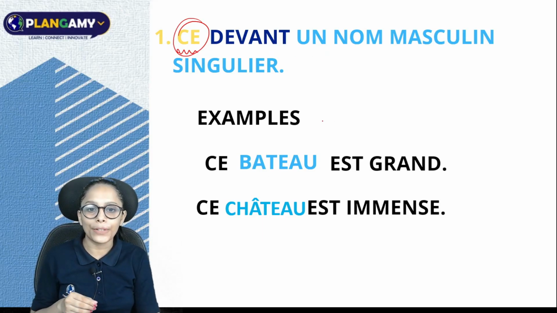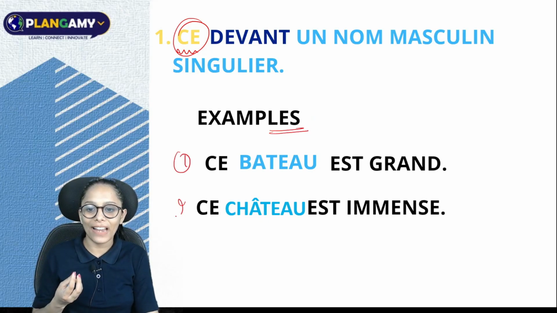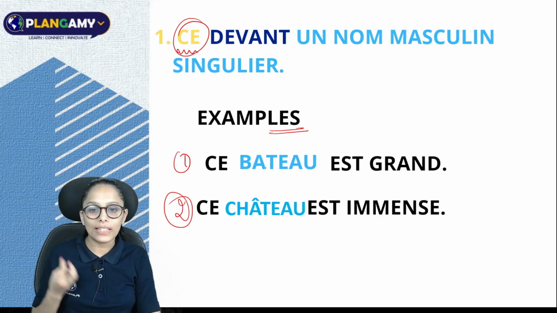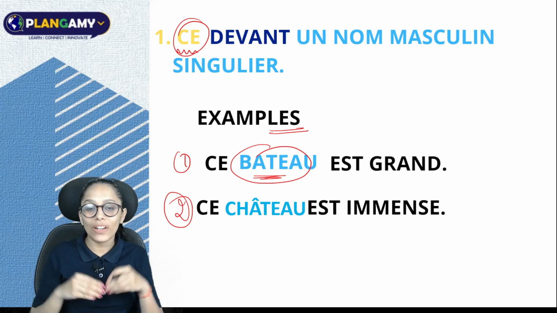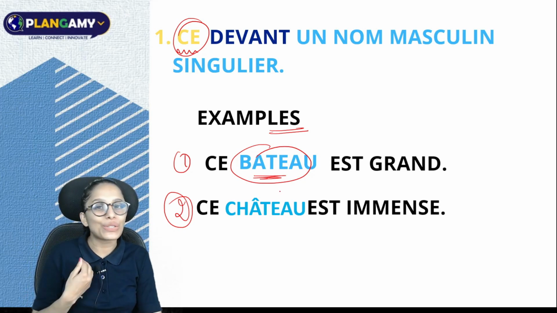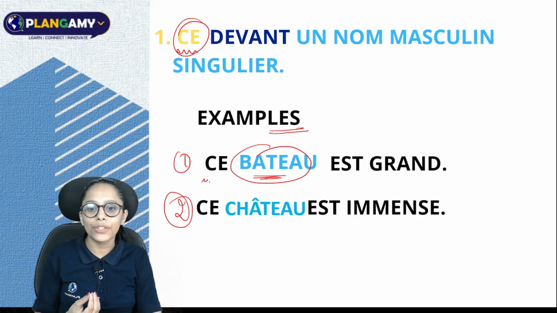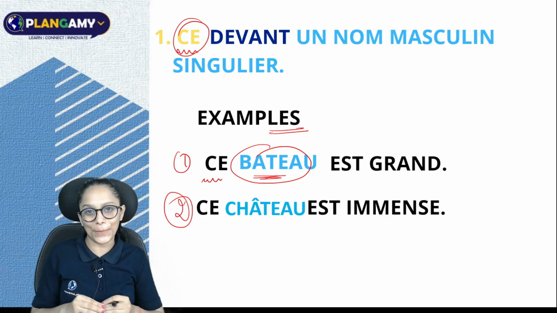For example, here we have number 1: ce bateau est grand. Since bateau means boat, and it is singular, we are not talking about many boats. We are only talking about one boat and it is masculine, it is not feminine. So we have used here ce. Ce bateau est grand.